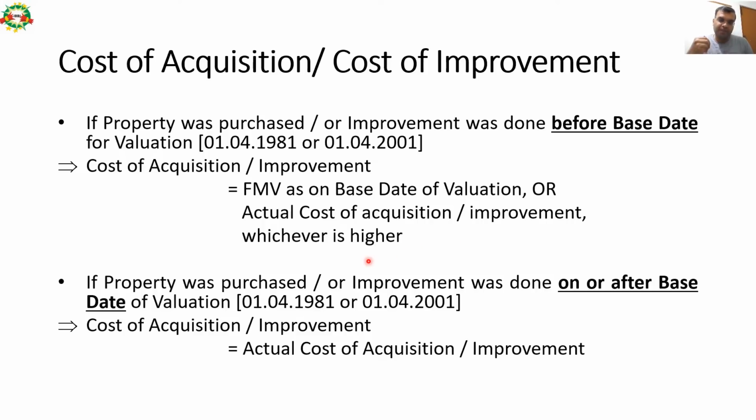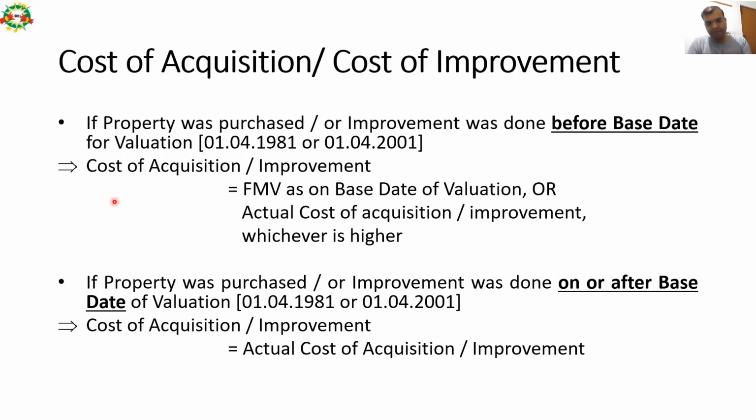For example, the property was purchased in 1975 at a consideration of 5 lakh rupees. However, the actual fair market value of the property as on 1st April 81 was 10 lakh rupees. So 10 lakh is higher than 5 lakh. That means the cost of acquisition of this property for capital gain evaluation purposes will be considered as 10 lakh rupees.